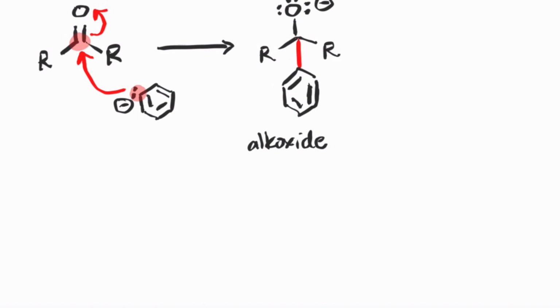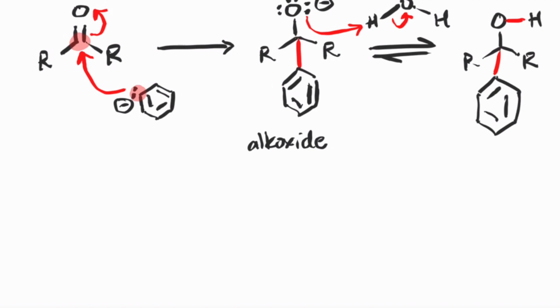With this alkoxide ion, we can do a proton transfer step by adding water, giving us our final product, the alcohol. Notice again, I've drawn in red the new bonds that were created in this reaction overall. We can represent this reaction generically with the Grignard reagent as an R group, so that we can see that overall we've added an R group to the carbon of the carbonyl, and the oxygen of that carbonyl becomes your new alcohol.